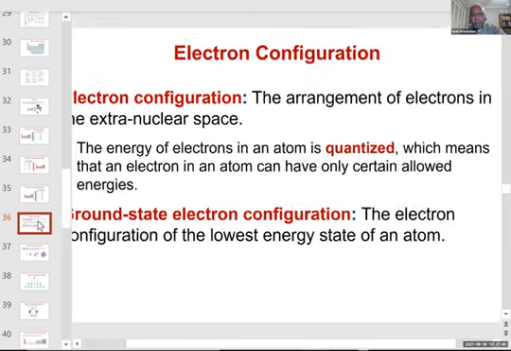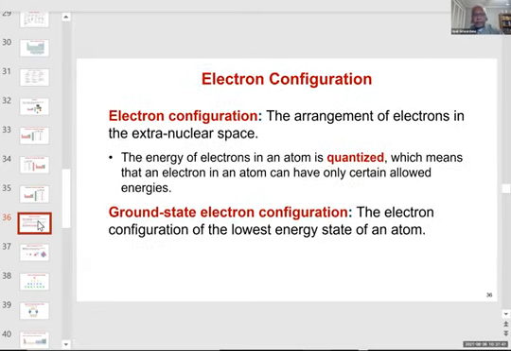Now we are going to look into chemical properties. We discussed the trends in physical properties, melting point and boiling point. Now we're going to look into the electronic configuration of elements to describe chemical properties.